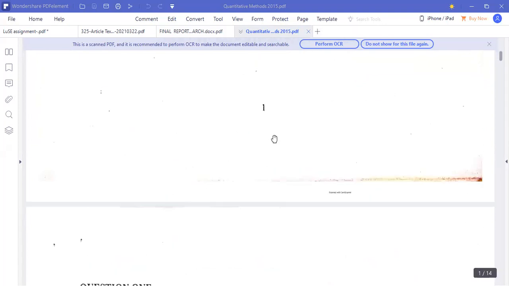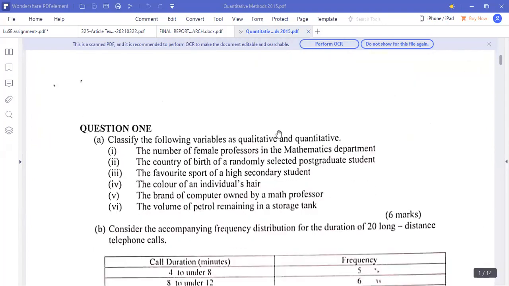So to start with, we're going to look at what is called data presentation. In data presentation, you need to understand the types of data that we have, or variables, which are classified in quantitative and qualitative data. So you need to understand what quantitative data is and what qualitative data is.